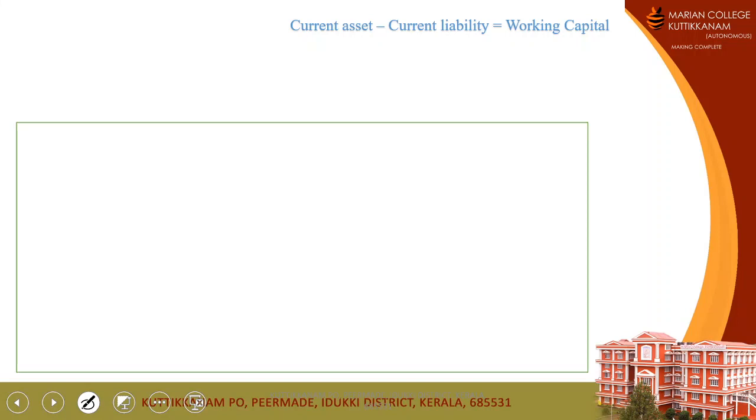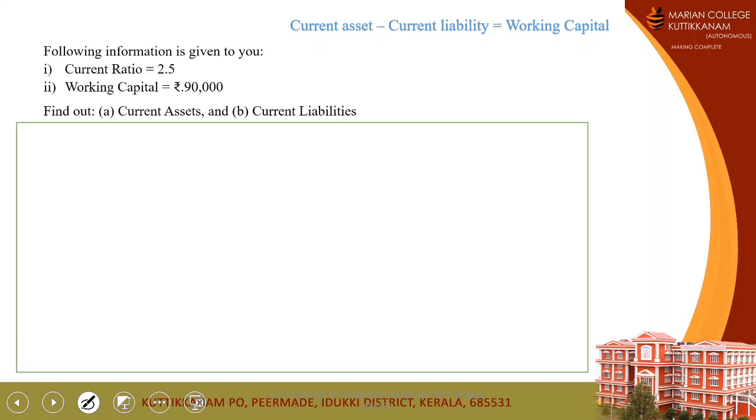a concern. So here comes another type of question that can be asked in your exam from the current ratio part. So here the current ratio is 2.5 and we have been given the working capital as 90,000 and we need to calculate the current asset as well as current liability.